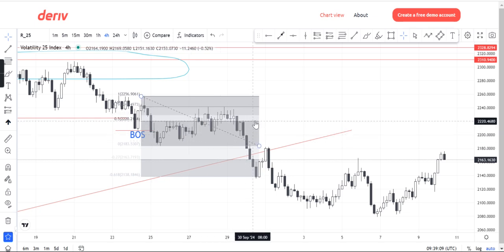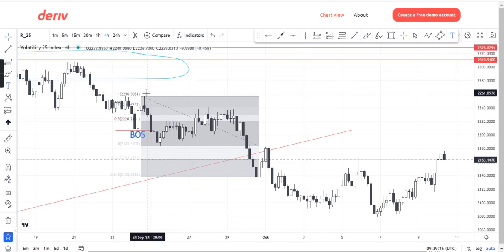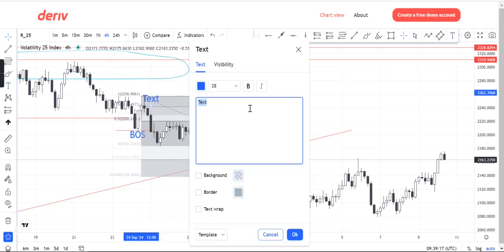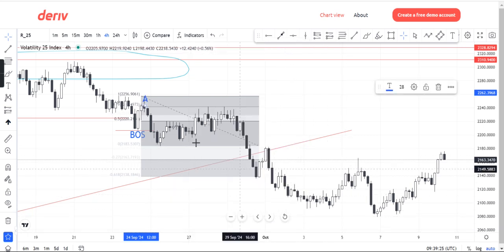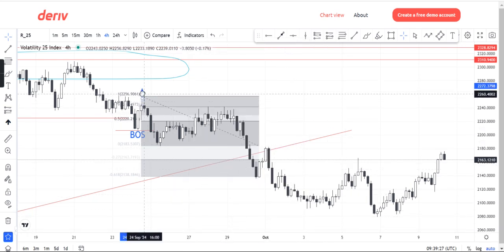So on this BOS, we had our point A, which was set at this area here, a resistance point.